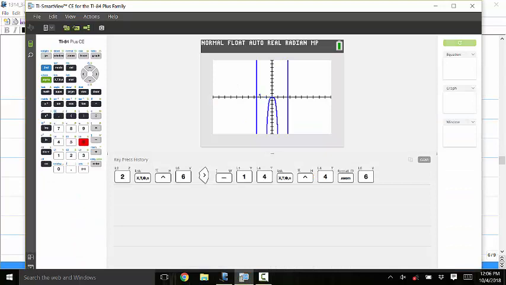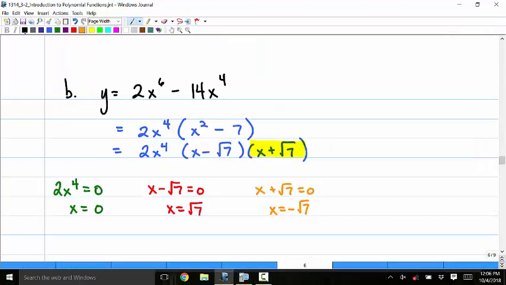Negative 2 point something? Okay, when I go graph this, my x equals 0 is right here. My x equals root 7 is here. And my x equals negative root 7 was here.